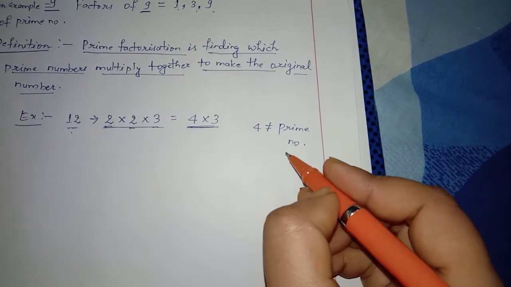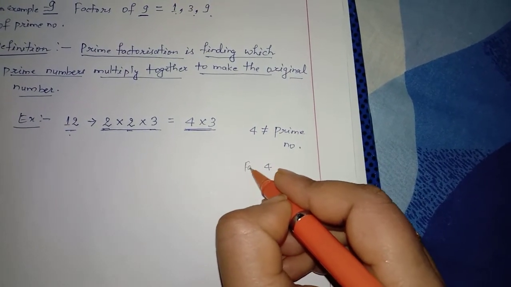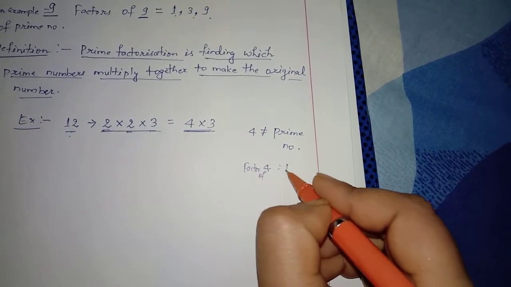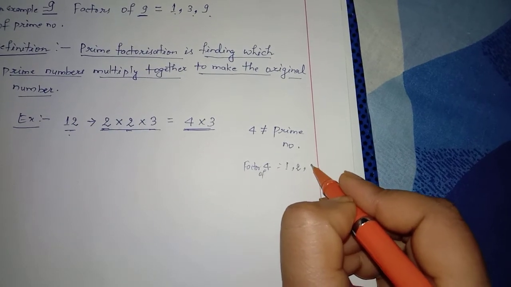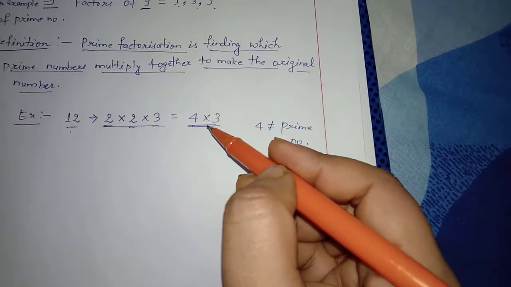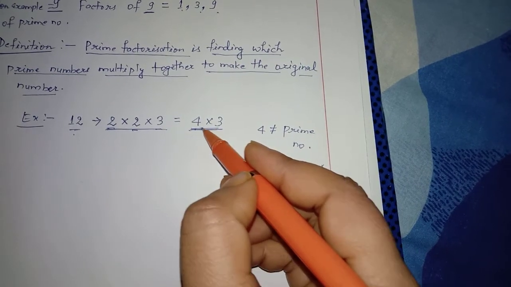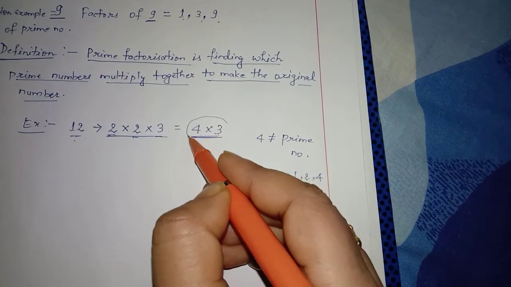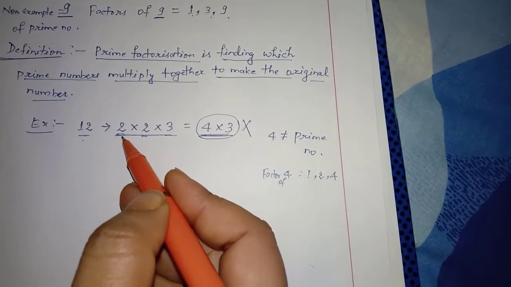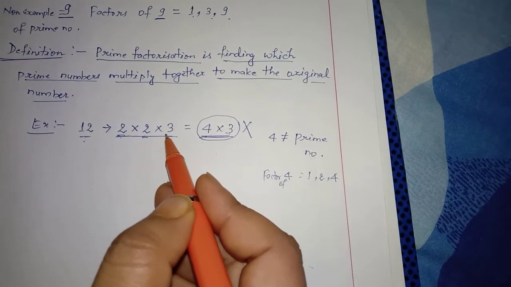Because 4 has 3 factors: the factors of 4 are 1, 2 and 4. So 4 is not a prime number. If any student writes 4 into 3, it is not a prime factorization of 12. So this is the wrong method. In prime factorization we can use only prime numbers: 2, 2 and 3.